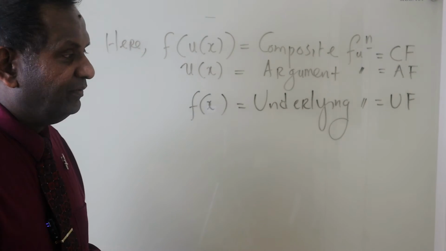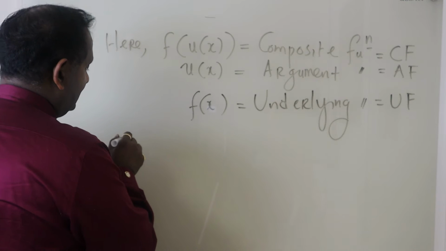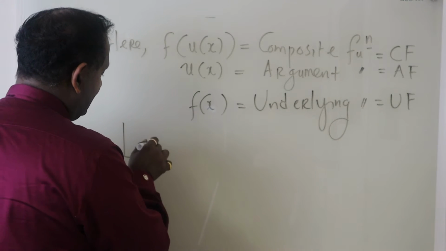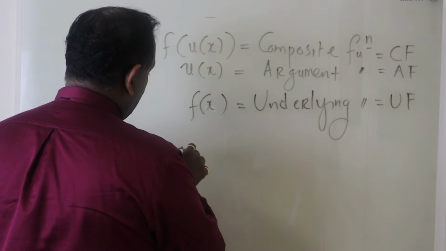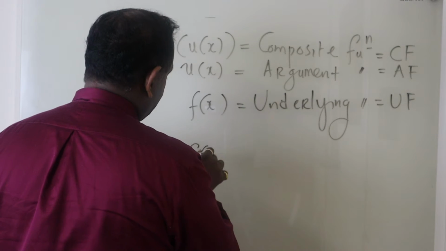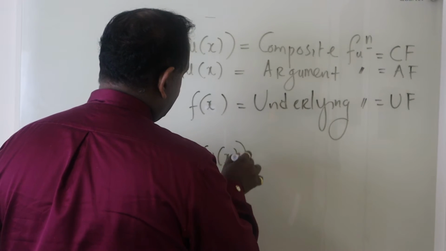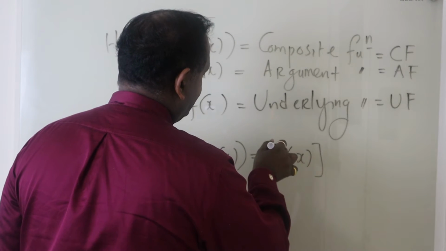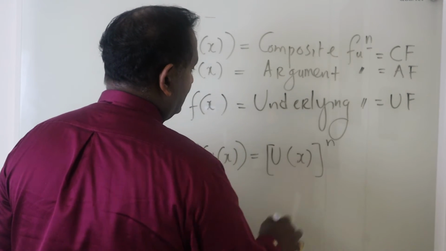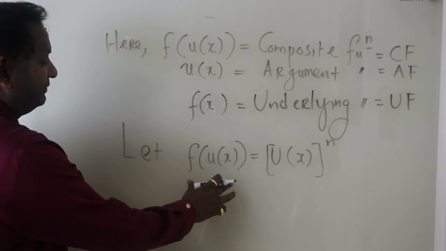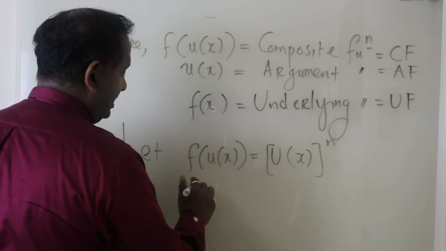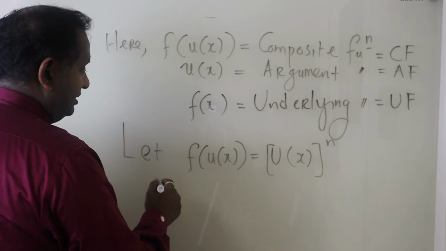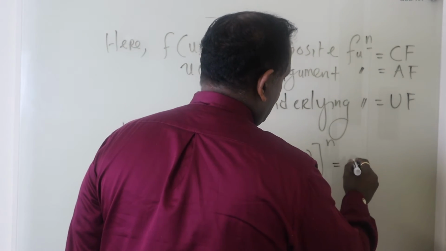So now let's go to a very particular case. In this particular case, let your f of u(x) be nothing but u(x) to the power of n. I need this function in this form, and this is my composite function.